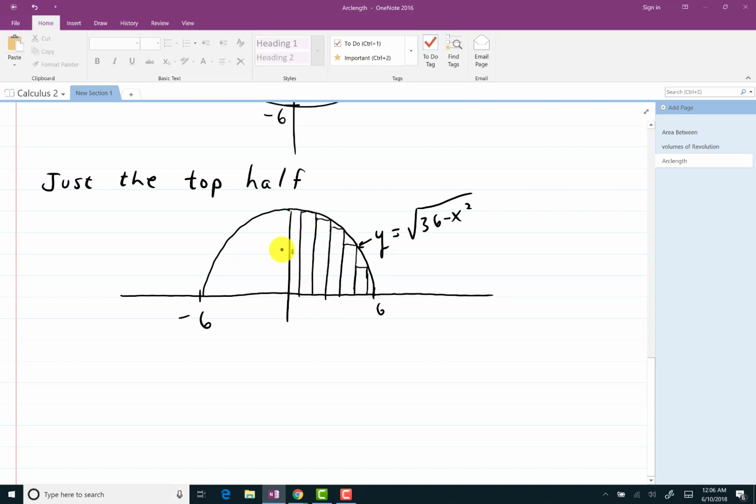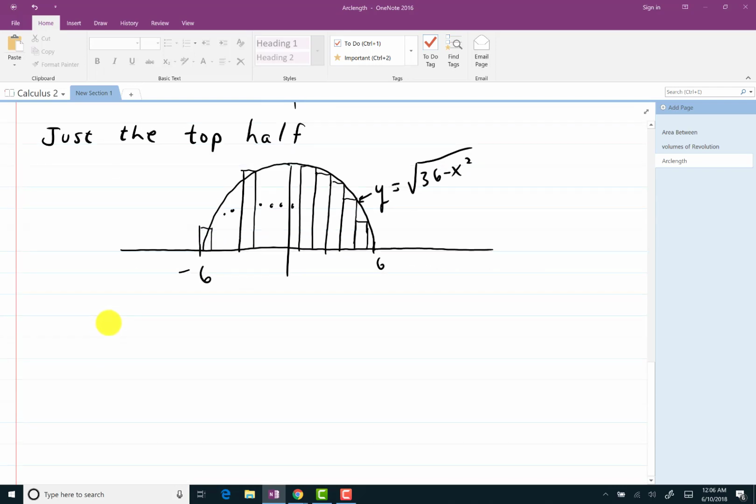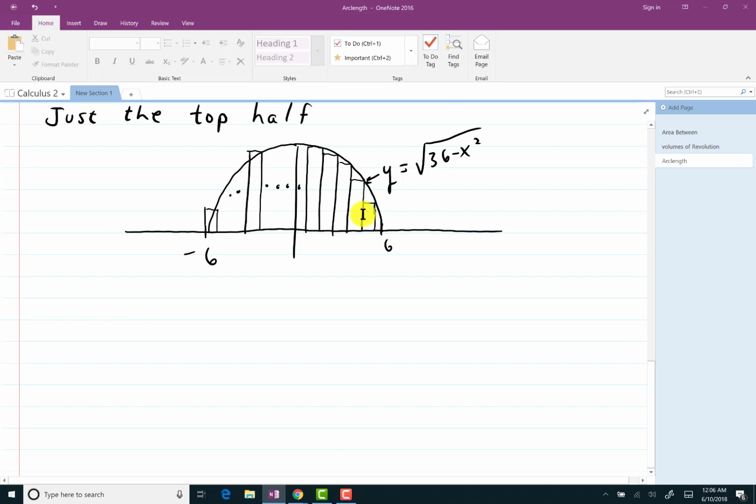This will go on and on throughout the length of the problem until you get to the very end. All right, so what we typically do then is perhaps we would rotate this around.